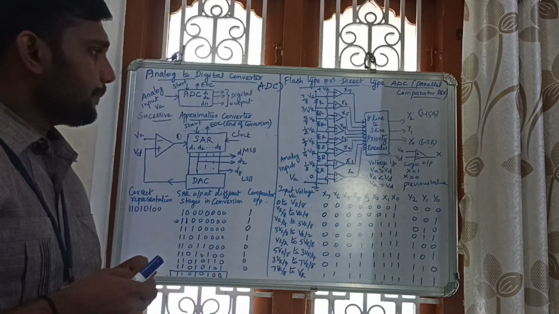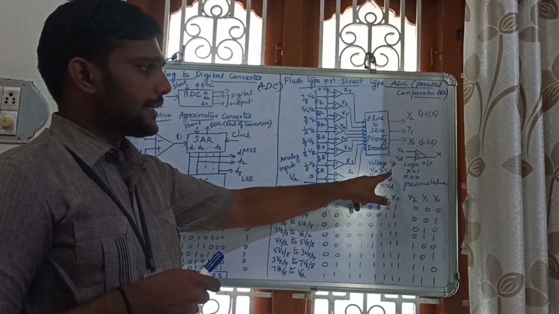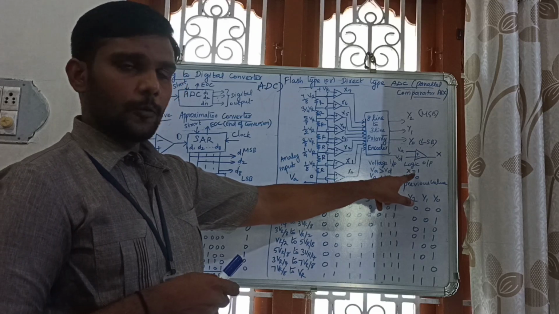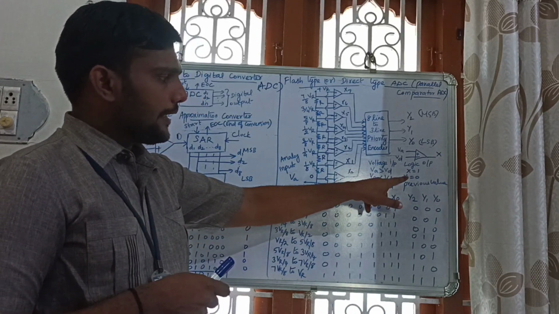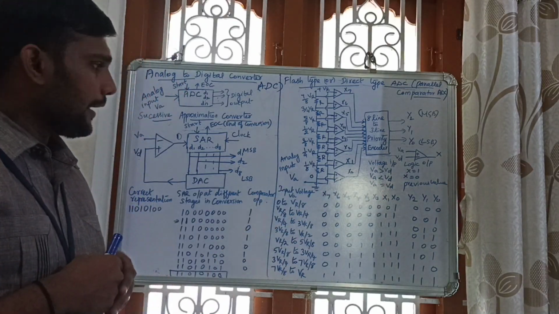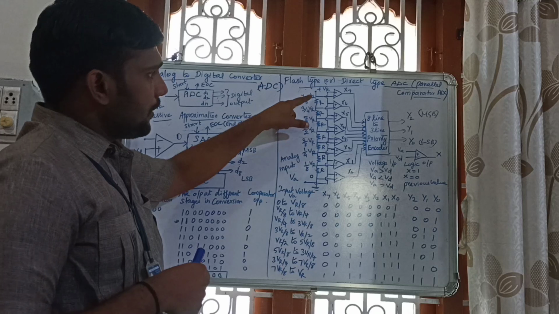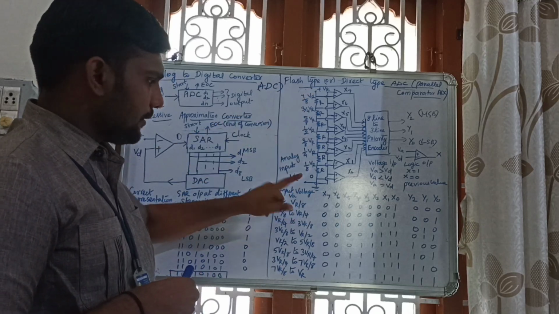There are 3 cases. If VA is greater than VD, X is equal to 1. If VA is less than VD, X is equal to 0. If VA is equal to VD, the previous value will be maintained. Here the reference voltage will be given, and here the analog input voltage will be given.